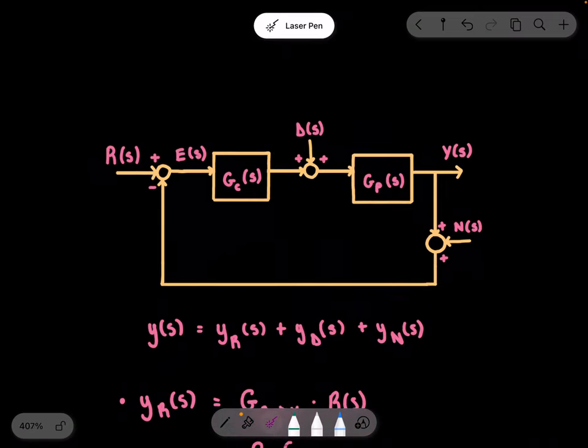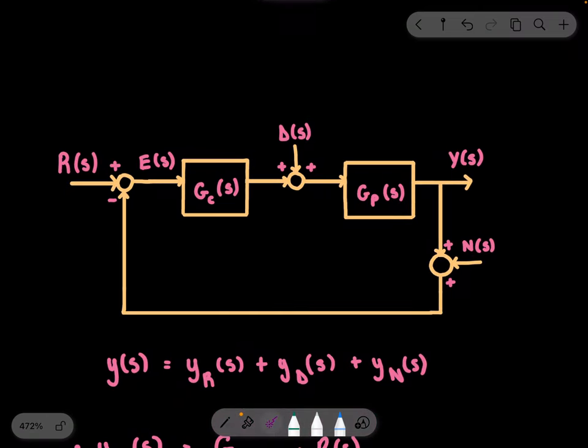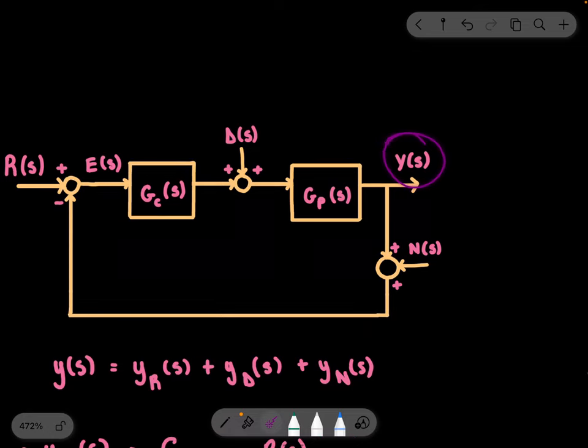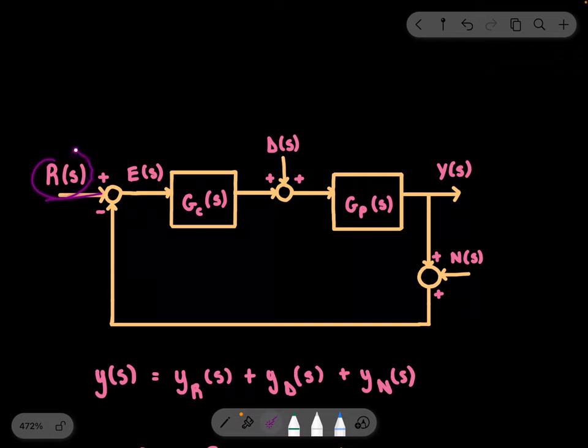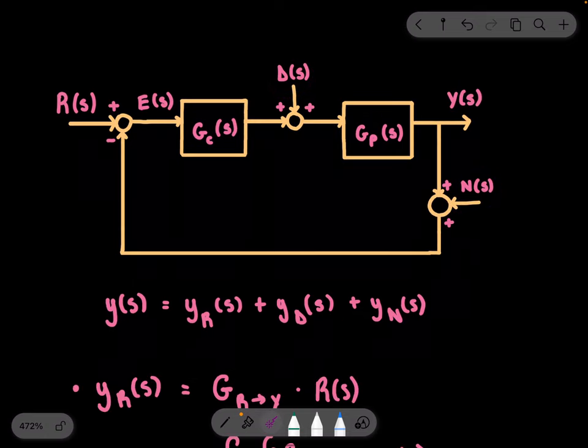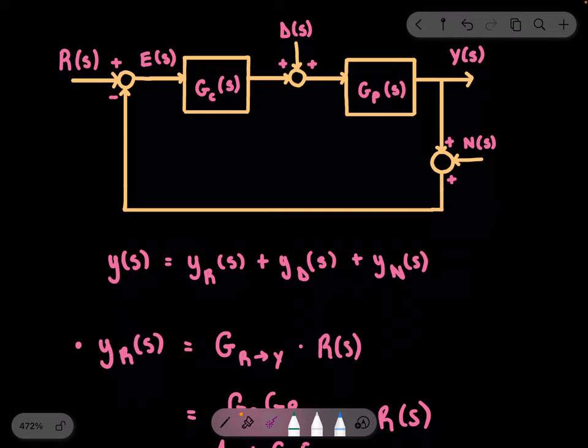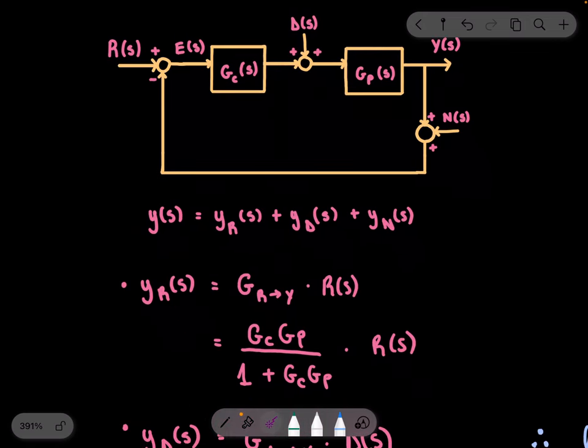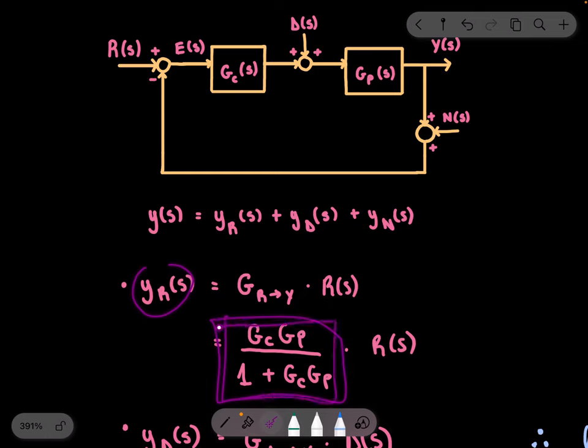So that's basically it. But one thing to keep in mind is when you want the output, usually you want most of the output to be due to this reference signal. You don't really want much of your output influenced by the disturbance or by the noise signal. So you want your transfer function due to the reference signal to be pretty much 100%.